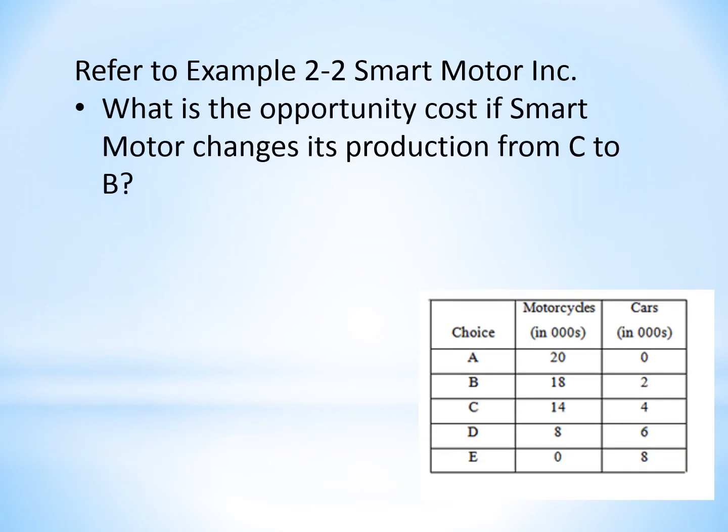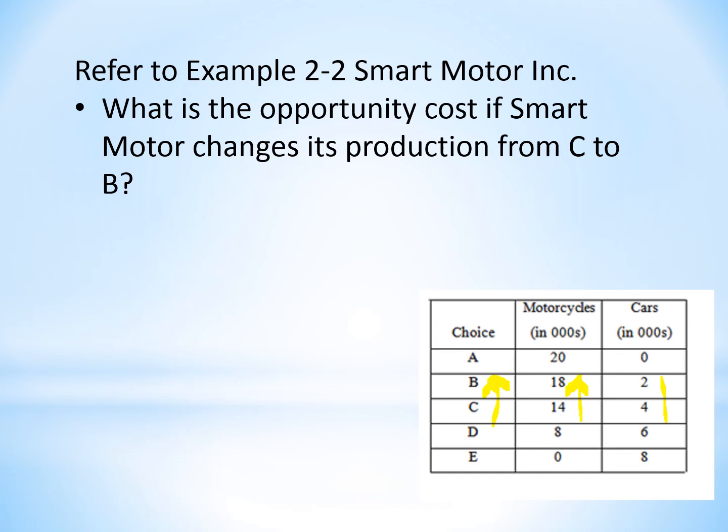Okay, next question. What is the opportunity cost if Smart Motor changes its production from C to B? Let's see, C to B. When they make the change from C to B, motorcycles go up by 4,000, right?